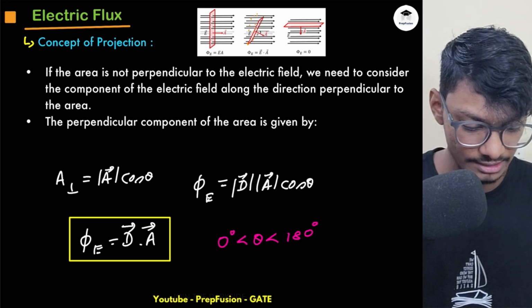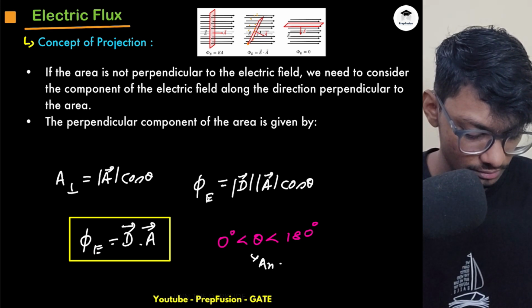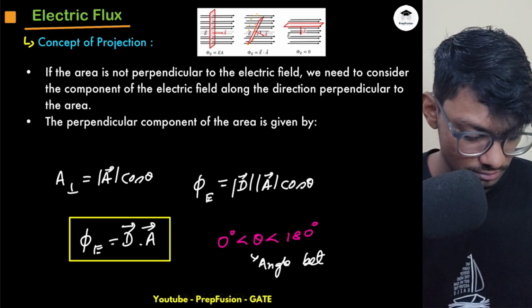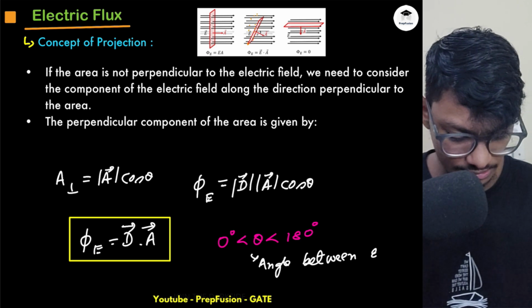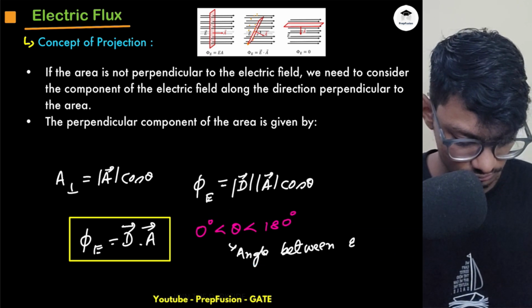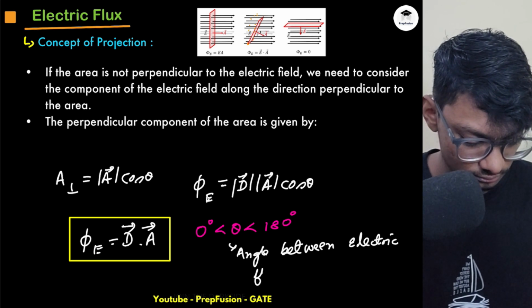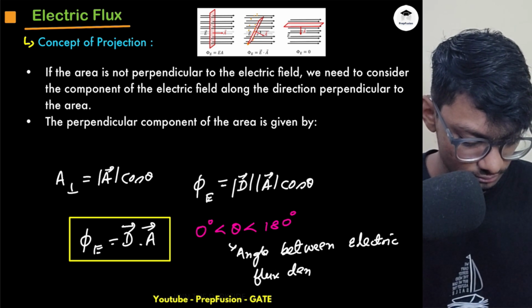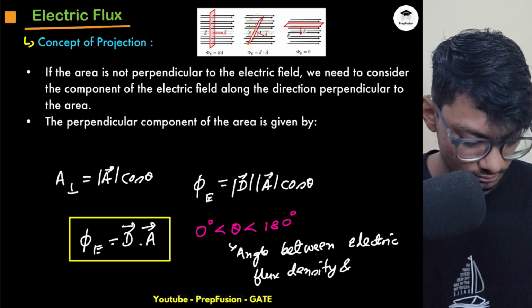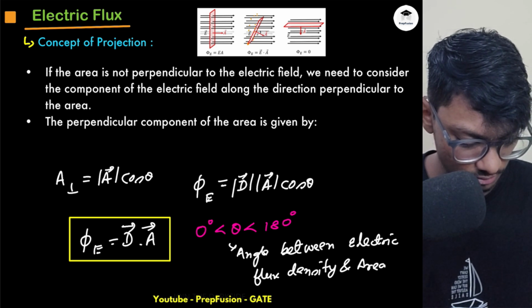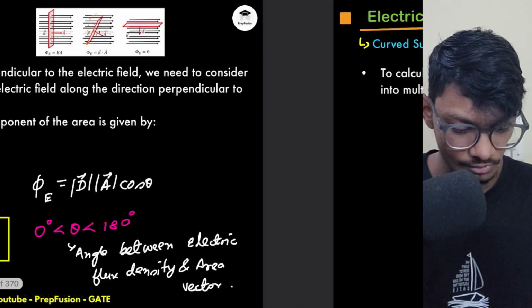Theta is the angle between the electric field and the area vector. Okay, so it will be the angle.